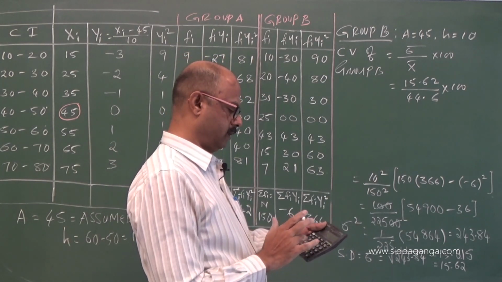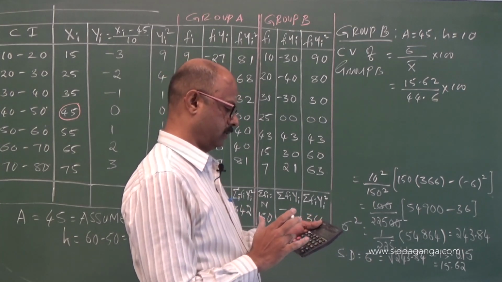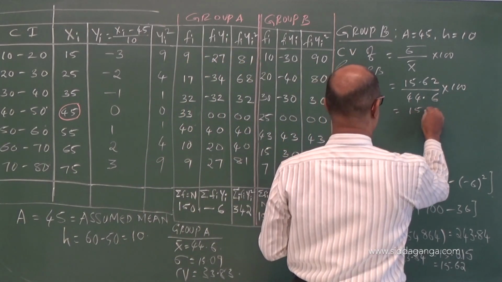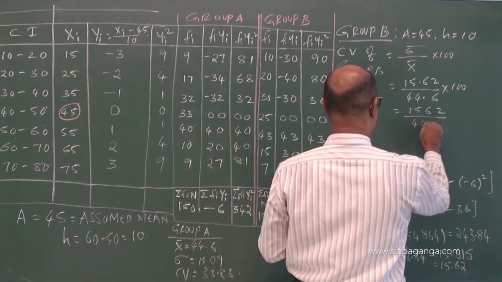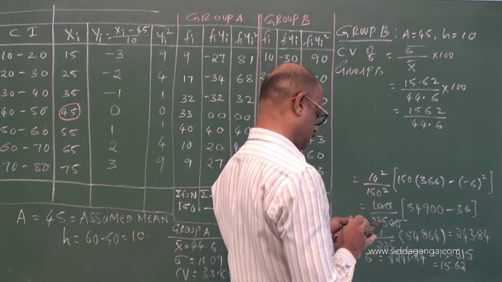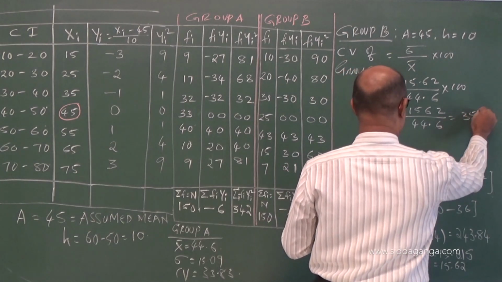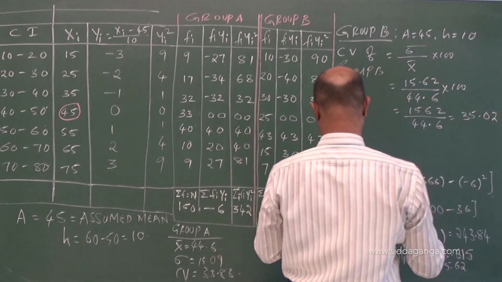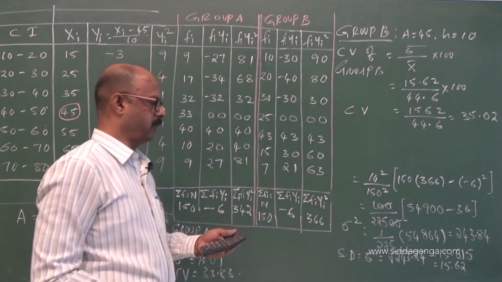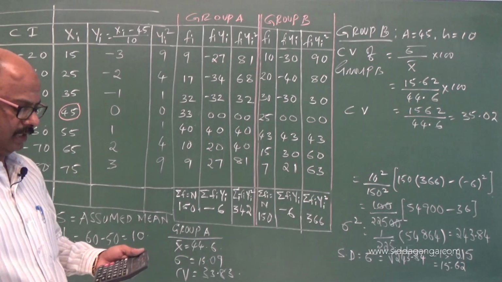We will calculate the numerator: 15.62 into 100, you will get 1562 divided by 44.6. You will get 35.02. This is CV. So CV of group B is 35.02.